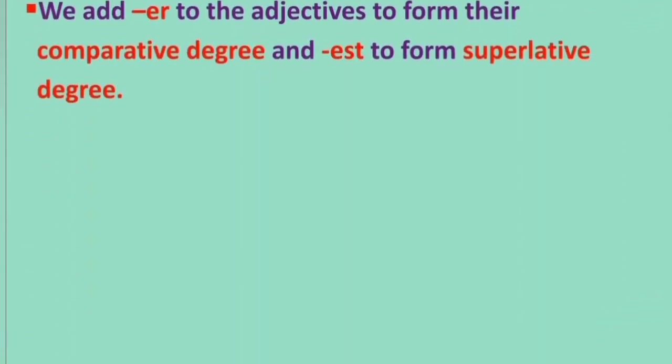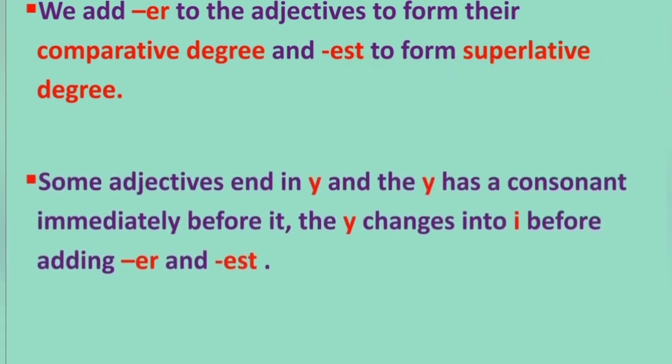How can we make a positive word into the comparative or superlative degree? We add ER. Children, we add ER to the adjectives to form their comparative degree, and EST to form the superlative degree. Some adjectives end in Y, and the Y has a consonant immediately before it.